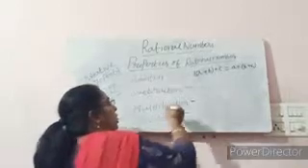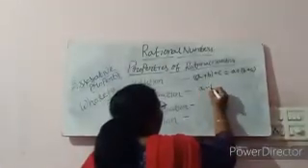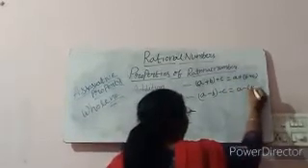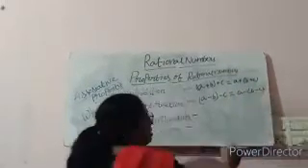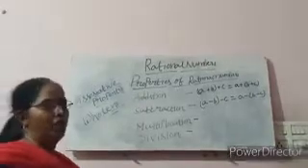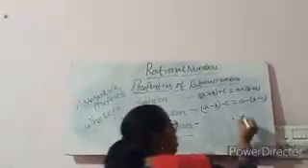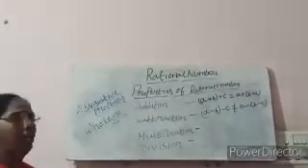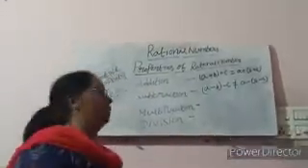Now coming to subtraction. (A minus B) minus C is not equal to A minus (B minus C). Even though you change the grouping here, it is not equal. So subtraction won't satisfy the associative property.